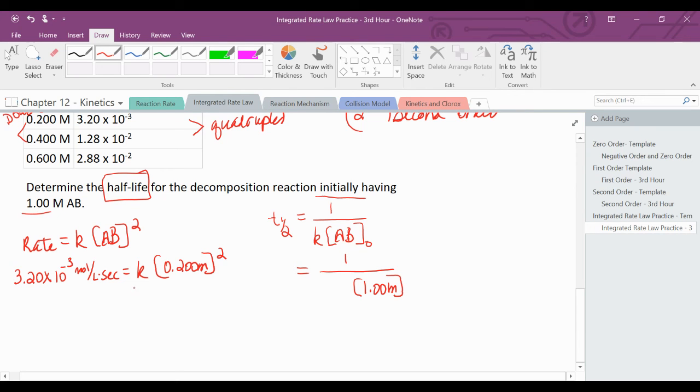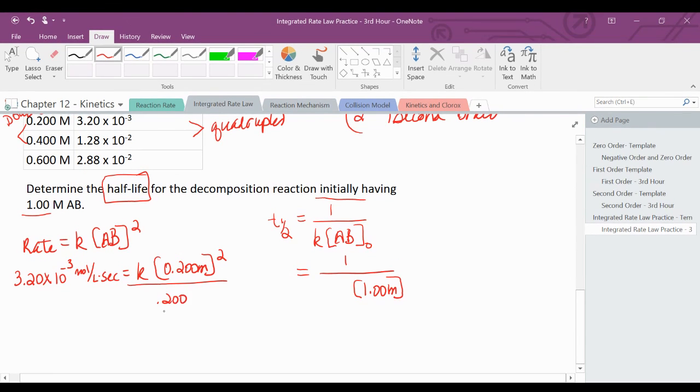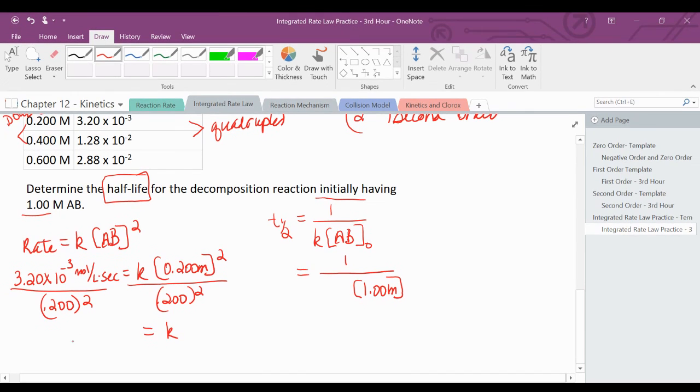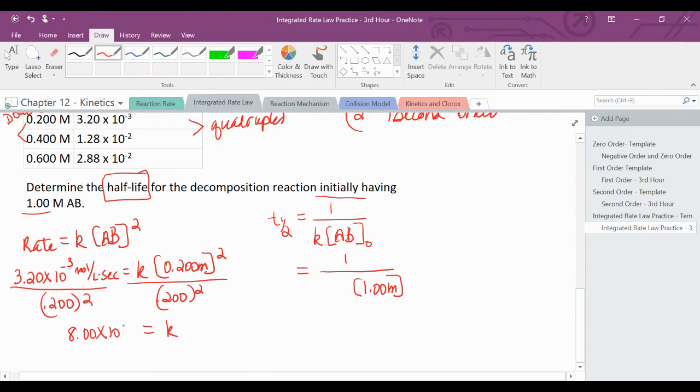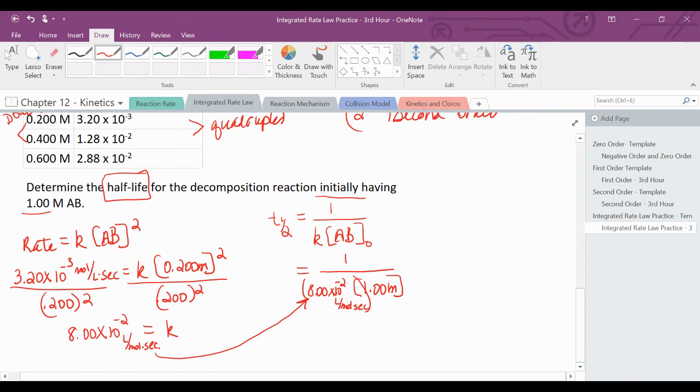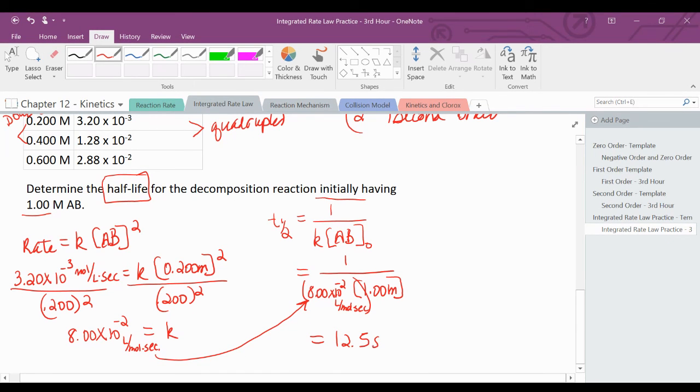And so we divide both sides by 0.2 squared. And so K is going to be equal to 8 times 10 to the negative second. And the units here are liters per mole times seconds. So we can plug that into here. And when I solve for T1 half, you get 12.5 seconds as your answer.